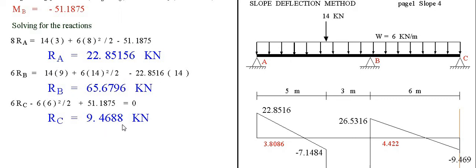Now, to check whether the answers are correct, you add these 3, then it must be equal to 14 plus 6 times, I think this is also 14, and the sum is 96. So the sum of this is 98. So the sum of this must be 98.